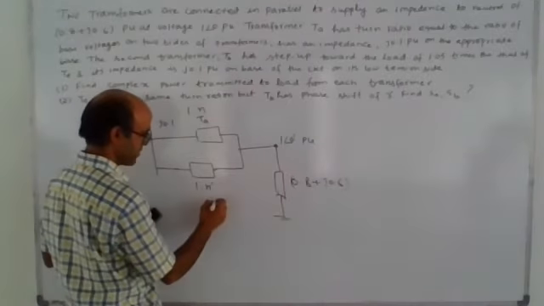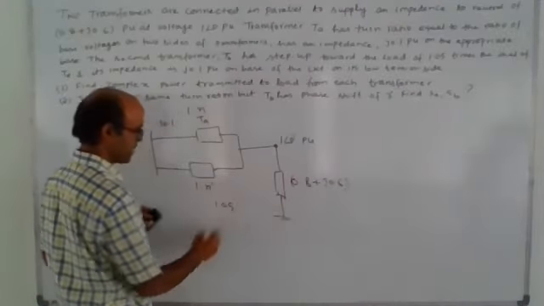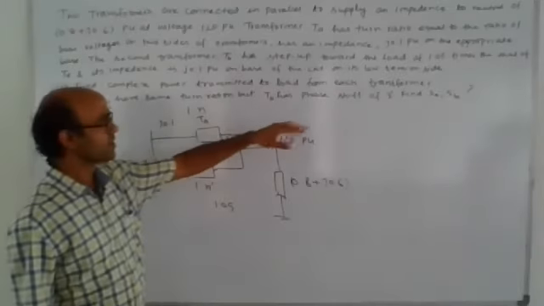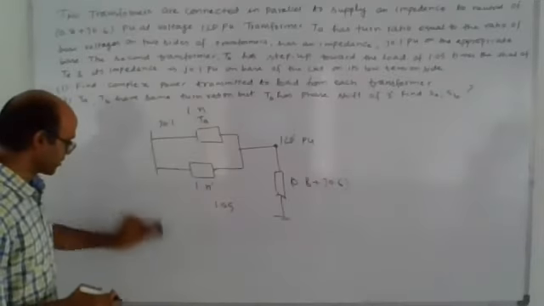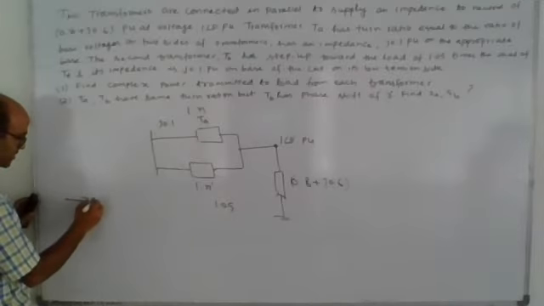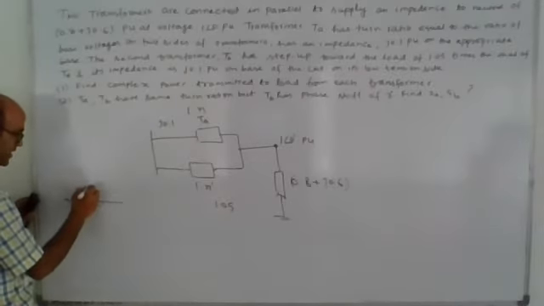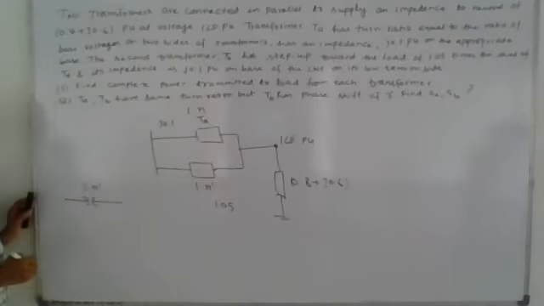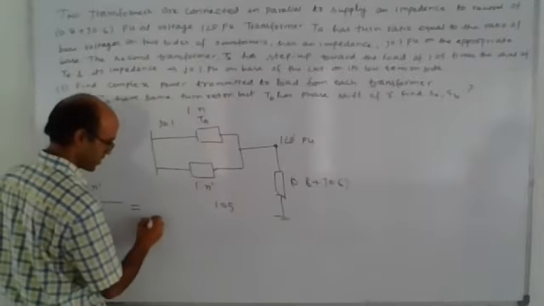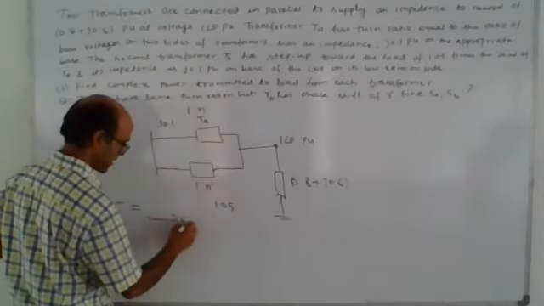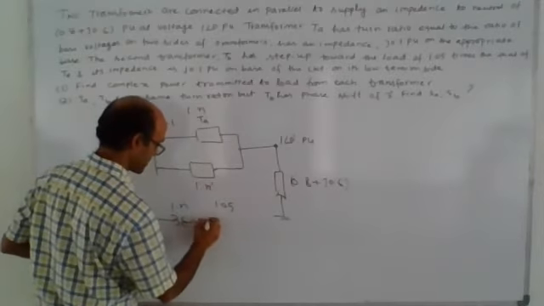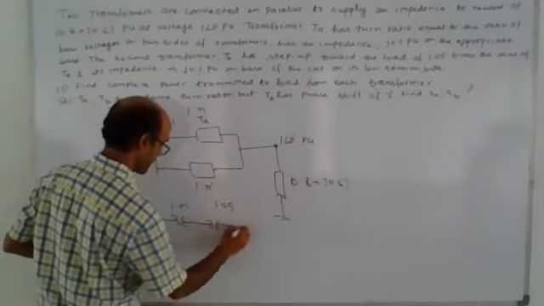So this is given as 1.05. Since this is a transformer with turn ratio 1:n dash, you can break this up into two transformers. One is the nominal turn ratio, and the second one is the ideal turn ratio.